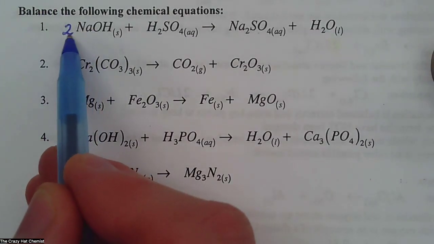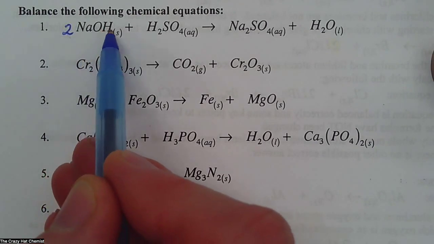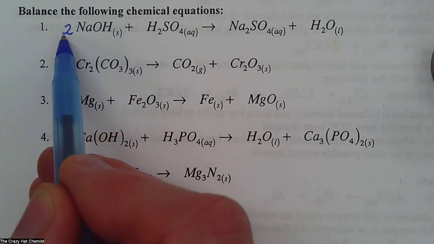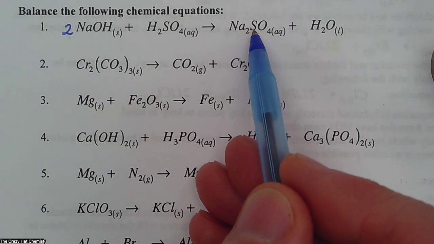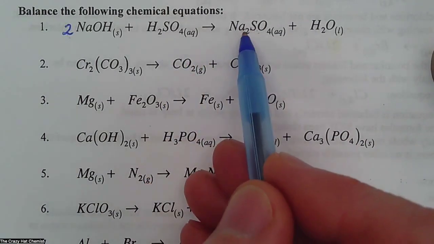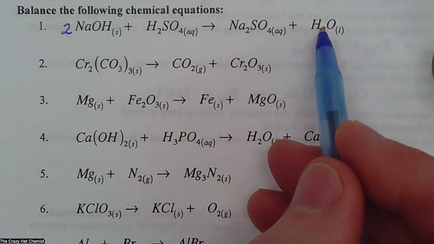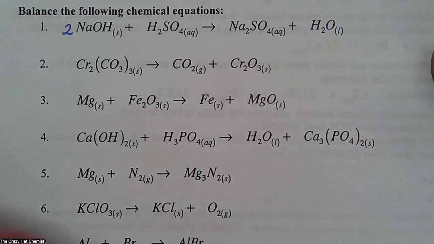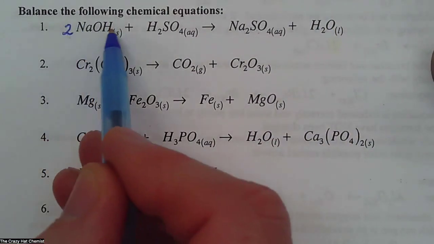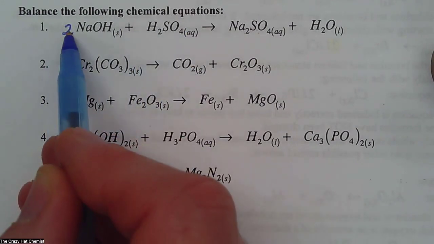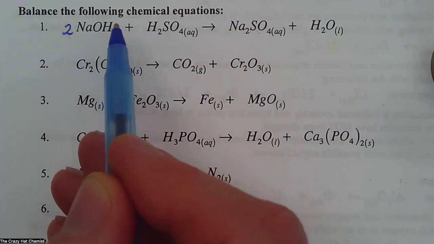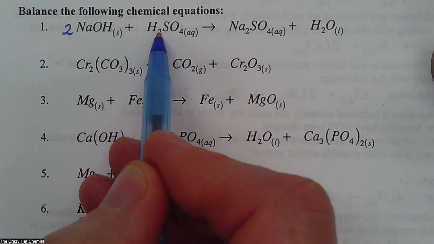That will give us 2 sodiums, 2 oxygens, 2 hydrogens within this formula. Then the sulfurs are still balanced. The sodiums are now balanced. Now I need to balance either the hydrogens or the oxygens. So hydrogens on the reactant side is 2 times 1, that's 2. Plus 2, that's a total of 4 hydrogens.